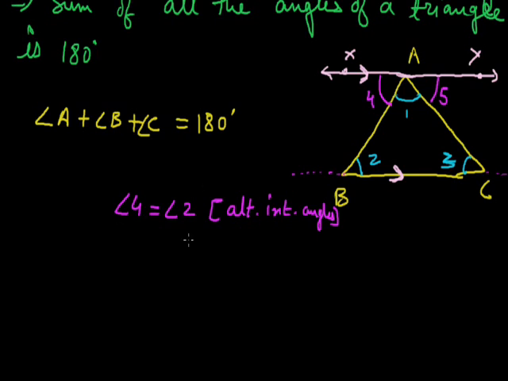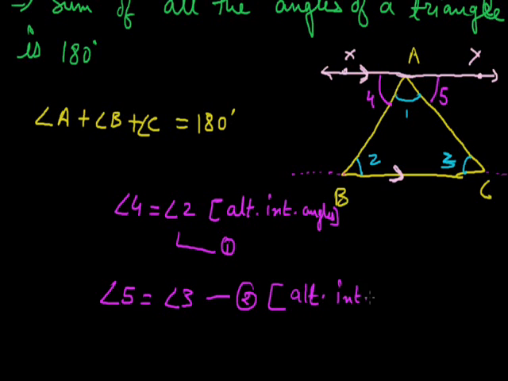Let us mark this as the first equation. Again, angle 5 is equal to angle 3, since they are also alternate interior angles. Let us mark this equation as 2.